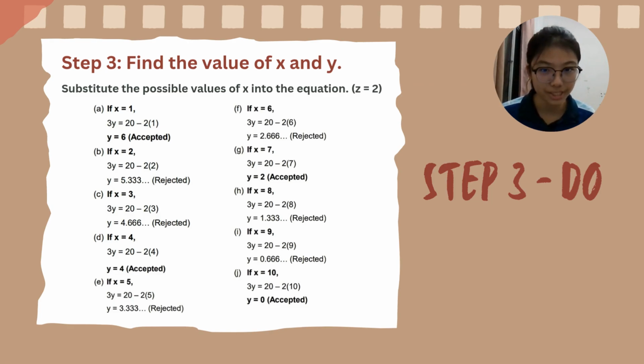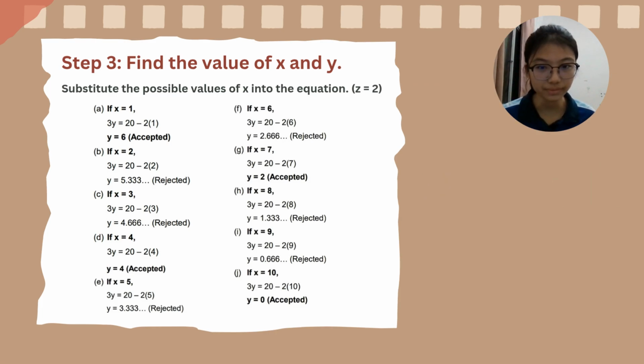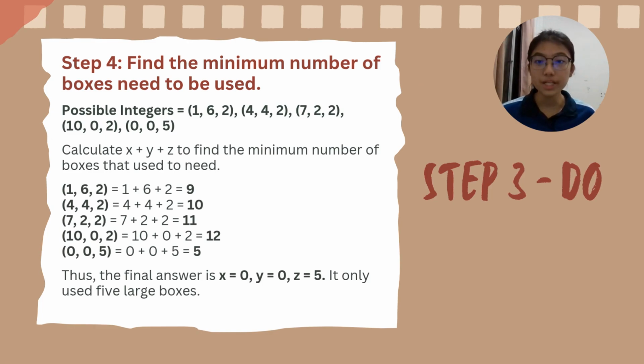When x equals 7, y equals 2. When x equals 8 or 9, y is not an integer. And lastly, when x equals 10, y equals 0. So the possible integer solutions of x, y, z are 1, 6, 2; 4, 4, 2; 7, 2, 2; 10, 0, 2; and 0, 0, 5.